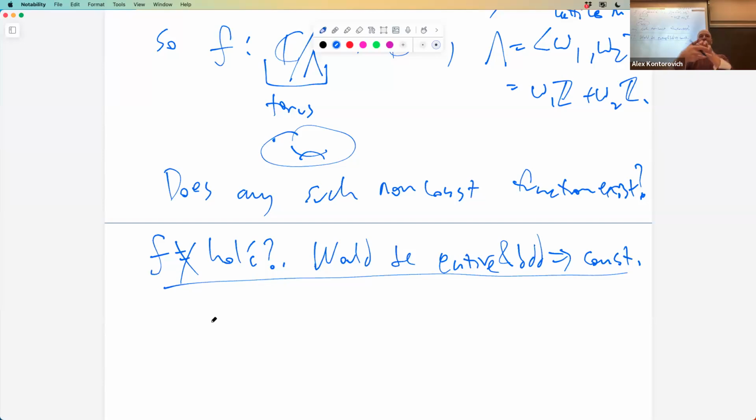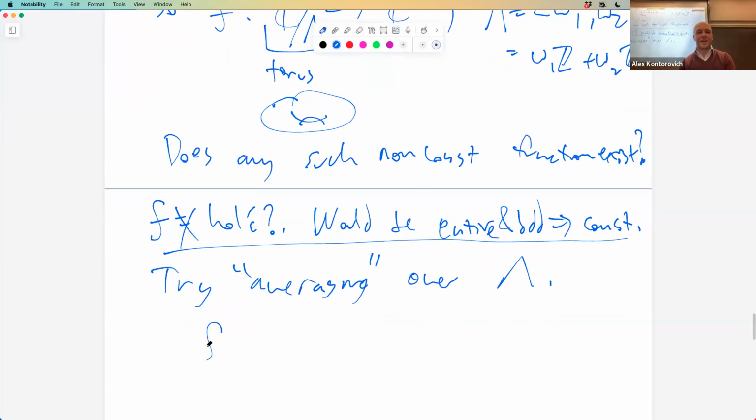Well, why don't I just add up all the possible symmetries? When I add up all the symmetries, the function will be invariant because I added them all. So try what number theorists call averaging. I don't like this word, but it's way too late to change it. Try averaging over the group of symmetries.